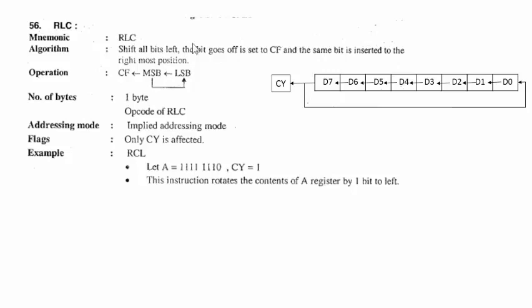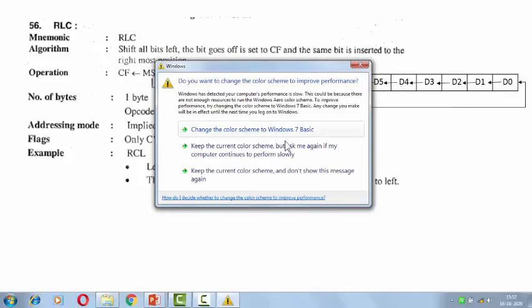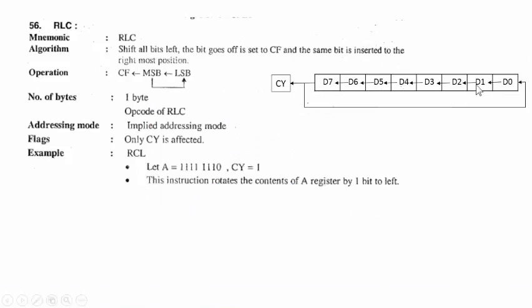So the first instruction is RLC, rotate accumulator content left, rotate left or shift left. So suppose this is the accumulator, 8-bit data available in the accumulator. D0 is the least significant bit and D7 is the most significant bit. CY means carry flag bit.